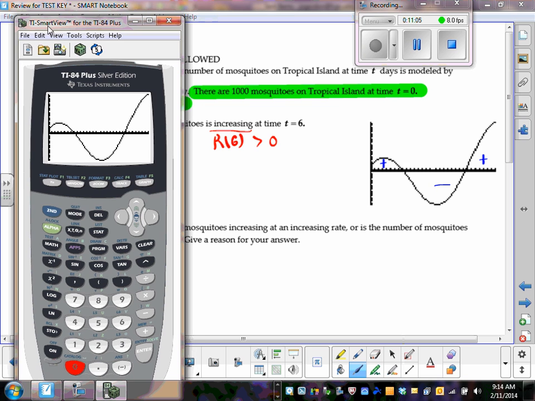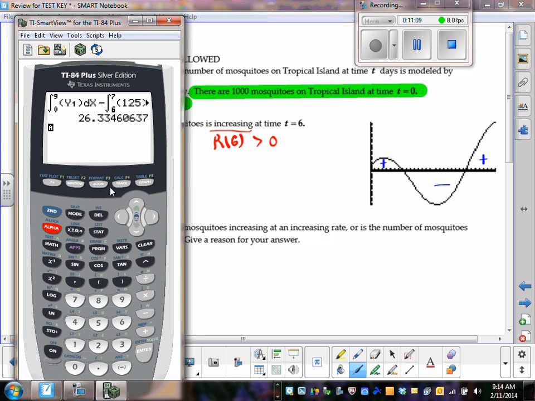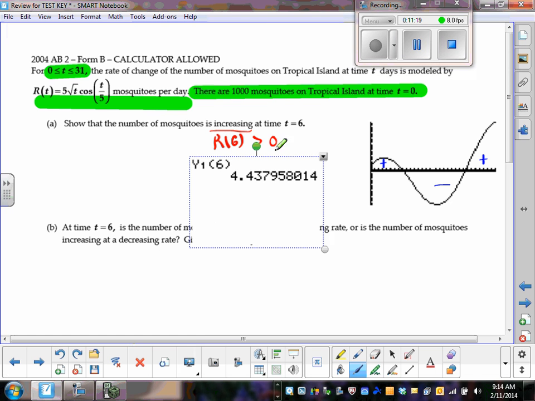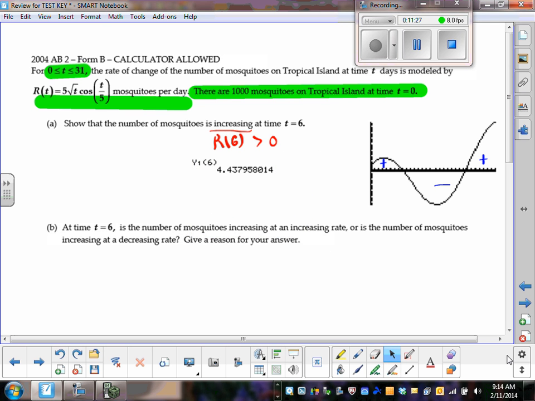But r is the y1 that we typed in. So we can just do y1 of 6. Put that down here. Now, it is not telling us to round differently, so that means that we have to keep 3 decimal places of precision.